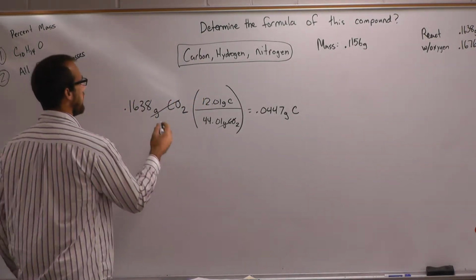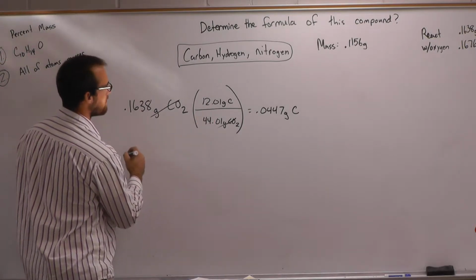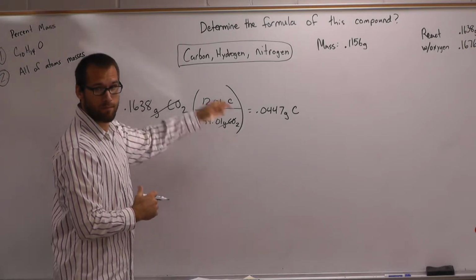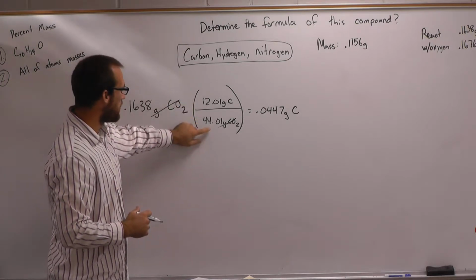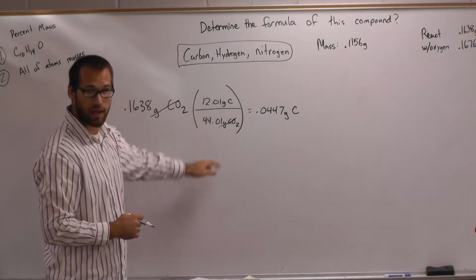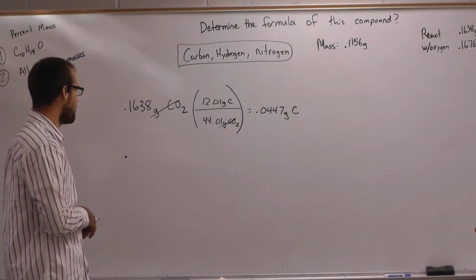Let's do it for hydrogen. We're going to use the H2O guy. Where'd you get the 44? That's the molar mass of the whole thing, carbon dioxide. So this is the relationship: carbon for every whole thing. 12.01. Yep.